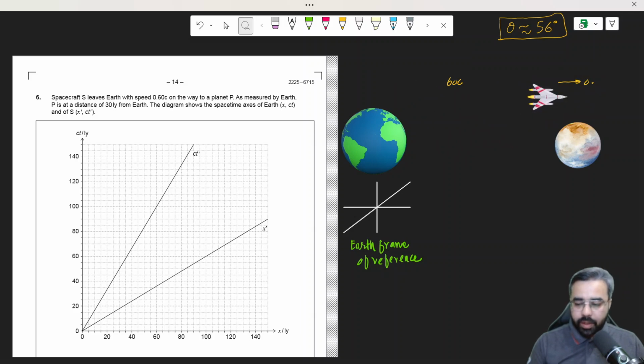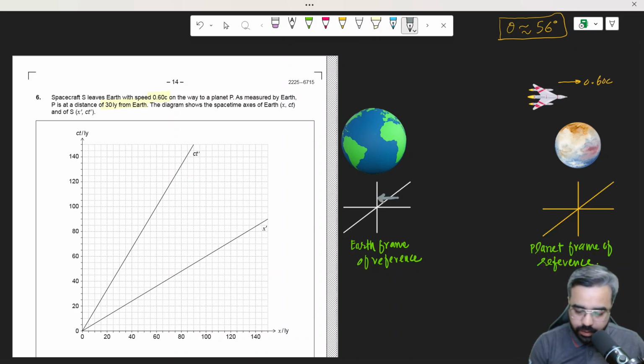If you measure the distance from the Earth, that distance is 30 light years, which is clearly mentioned. But due to the very high speed of the spaceship, this length will be contracted for the spaceship. How much it is contracted according to the spaceship observer, we can find out by first finding the Lorentz factor.